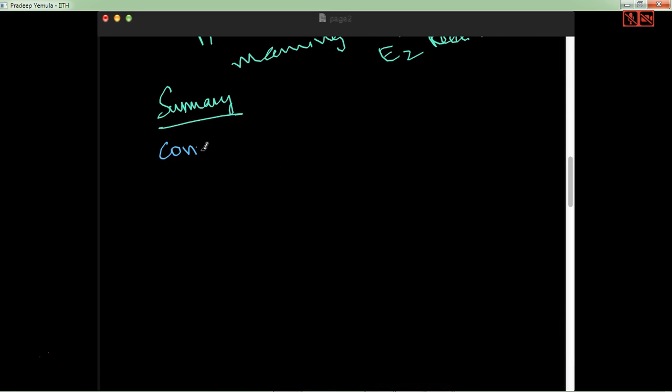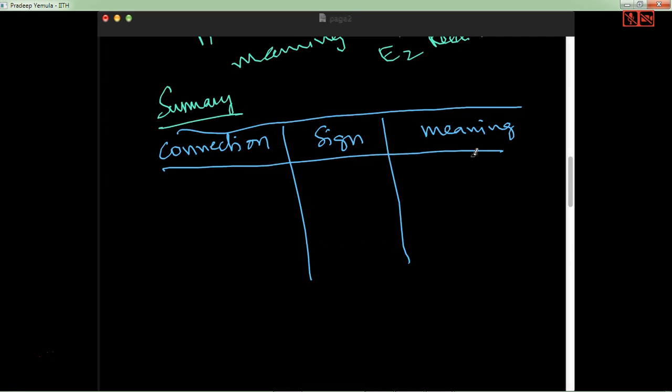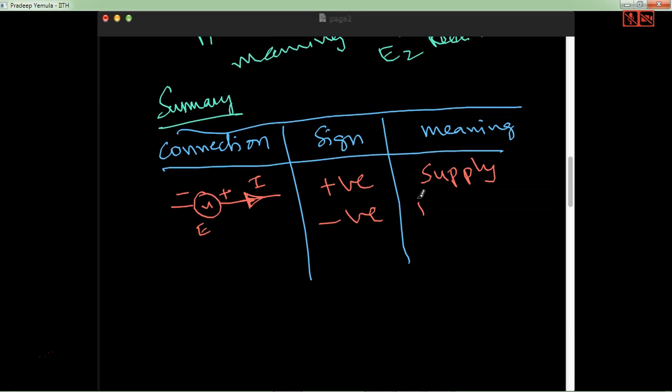So connection, sign, meaning. If the connection is such that the current is leaving the positive terminal, then a positive sign means supply, and a negative sign means receive.